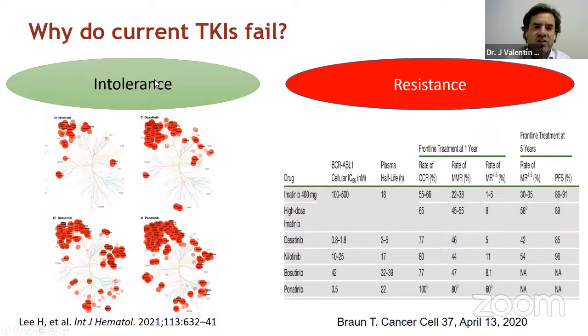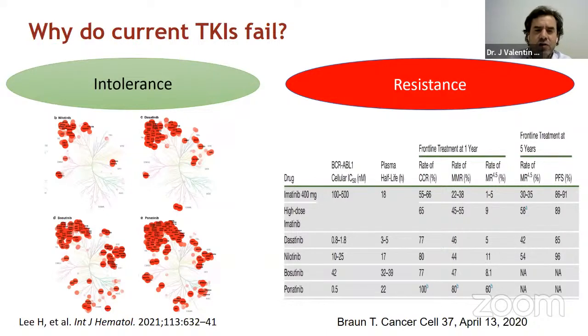The reason is that the TKIs that we are using are really effective in order to inhibit the BCR-ABL level, but the problem is that these TKIs do not only inhibit BCR-ABL, but also inhibit some other kinases. And the inhibition of these kinases is directly responsible for the adverse events that we are commonly seeing with the TKIs that we are using.